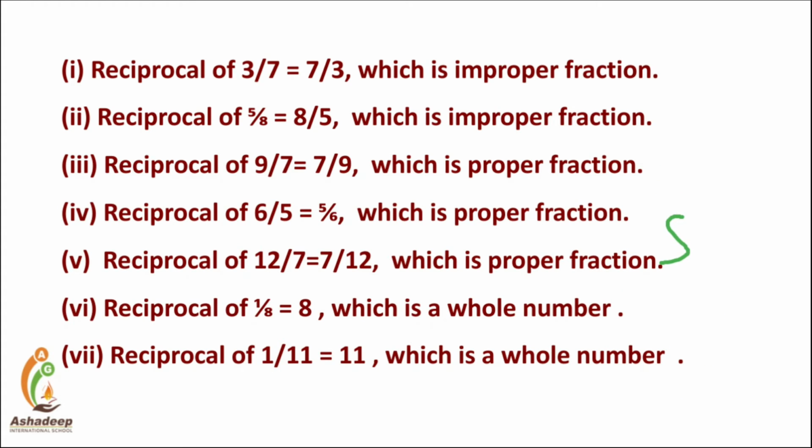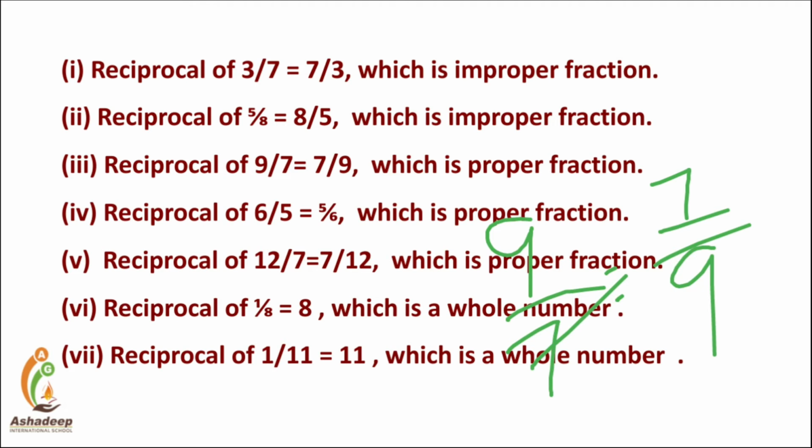Then reciprocal of 5 upon 8 is 8 upon 5. Again an improper fraction. Okay. Then 9 upon 7. So 7 upon 9.